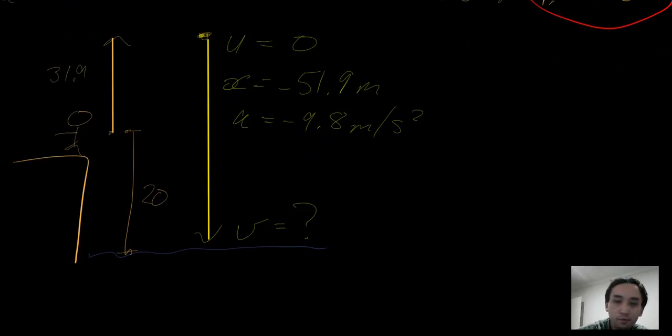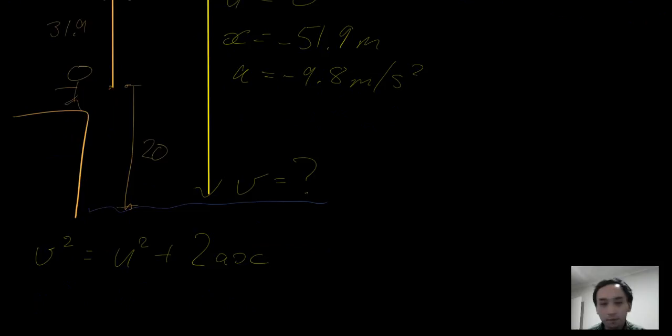To find this out, we can again use the fifth equation. Pretty much done this to death by now, so we can record that v squared is equal to u squared plus 2ax. And if you want to know what v is, it's really just the square root of the right hand side of the equation. So let's plug those numbers in. u is 0, squared out if you want, doesn't really matter.